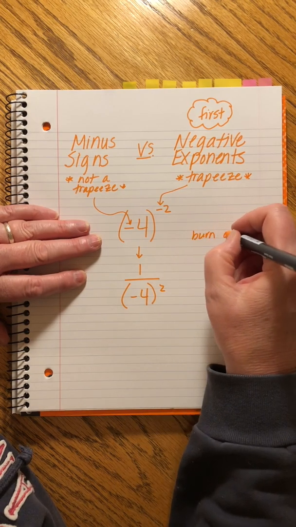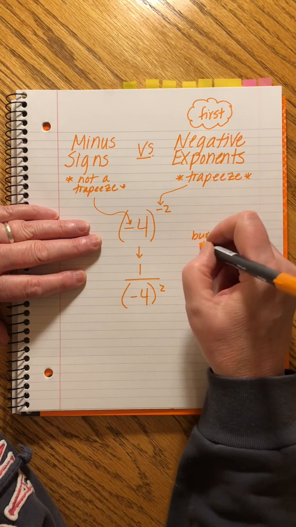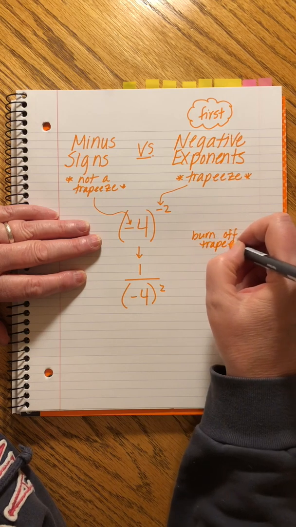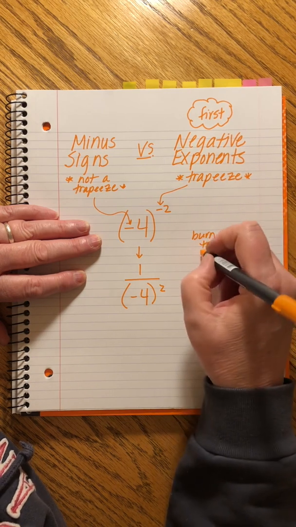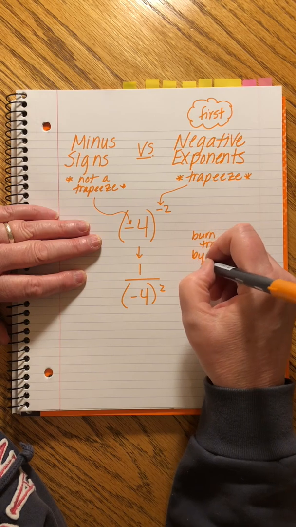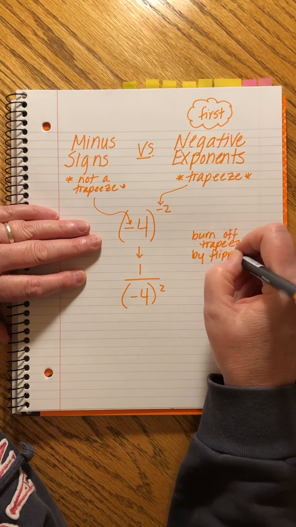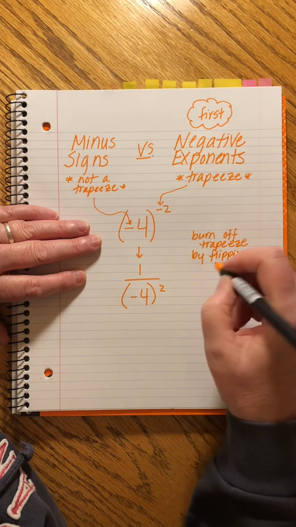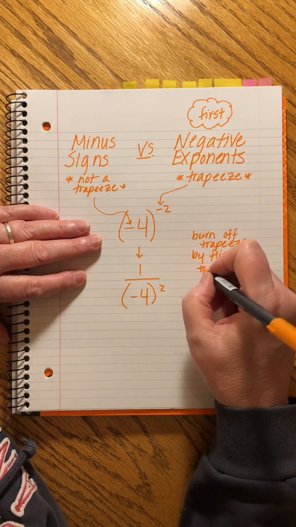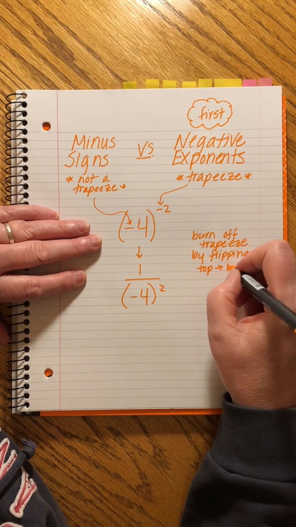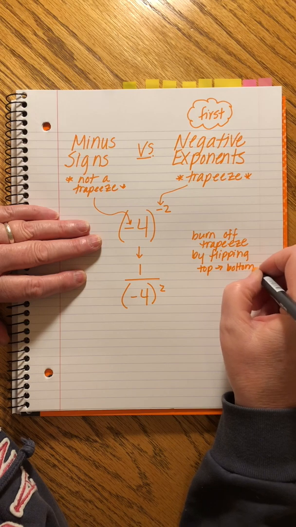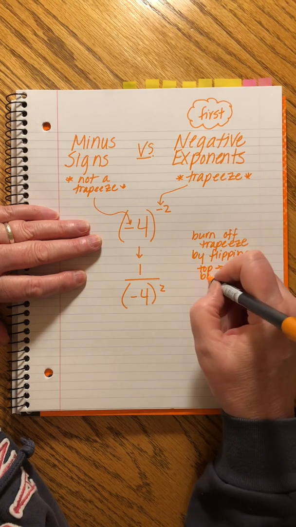So we burn off the trapeze by flipping either top to bottom, or if the negative exponent is in the bottom, it might be bottom to top.